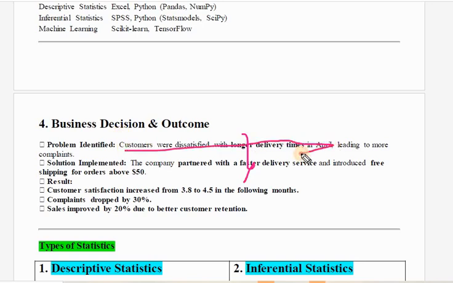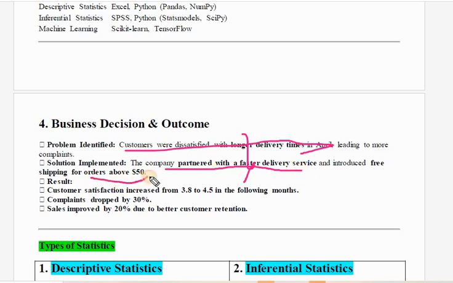The solution implemented: the company partnered with a fast delivery service, changing the service structure, and introduced free shipping for orders above 50.